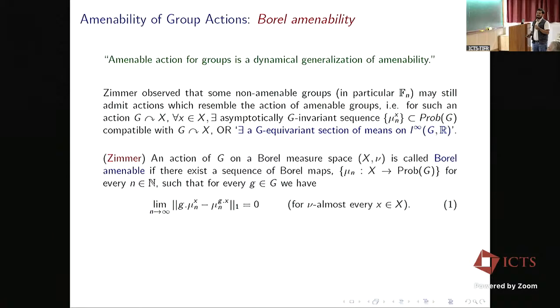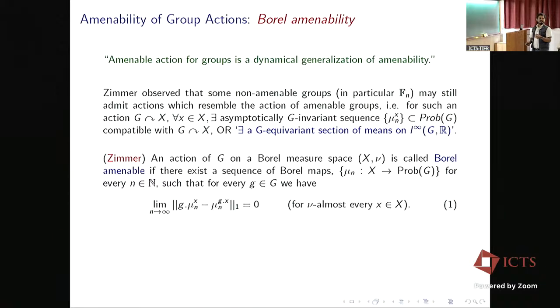And what is it saying? It is saying that it can so happen that this difference for some large n is not equal to 0. That means this map is not equivariant, but in the limit as n goes to infinity, for almost every x in capital X, this limit vanishes.